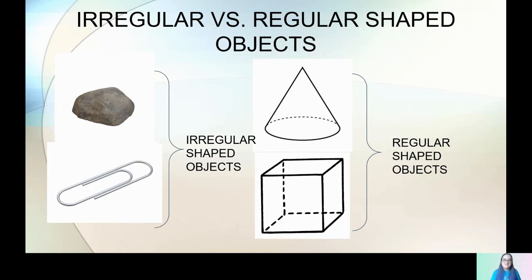There's no calculation for the volume of a paperclip. That's not on your formula sheets. Same thing with rocks. Each rock's slightly different. So how would you be able to calculate that? Would you have to cut it down into different slices of rock and then add them all together? Well, there's an easier way than that, and we'll talk about it. First, let's go with the regular shaped objects because those are easy.